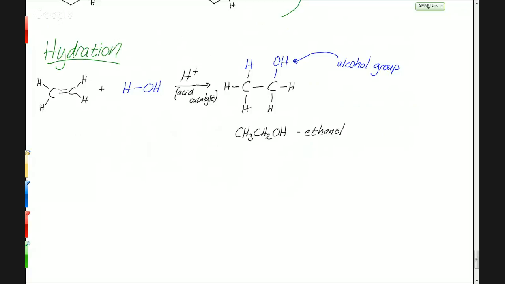So let's look at how this looks in a line structure. We'll use our cyclohexane again. So you'll see something like this. You'll see cyclohexane reacting with water, an acid catalyst to form this alcohol.